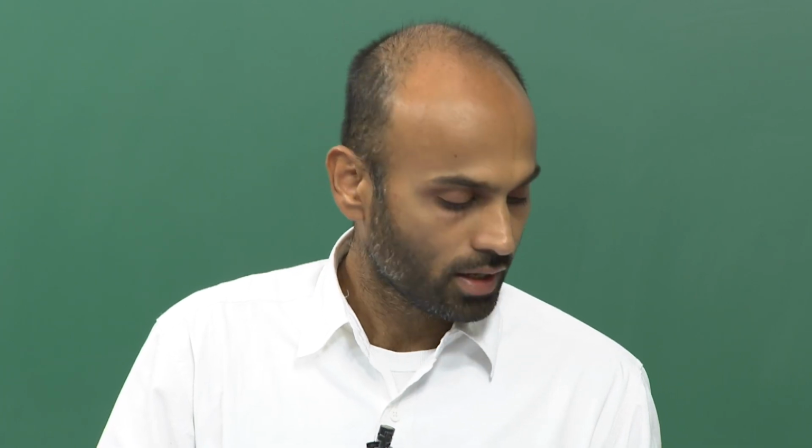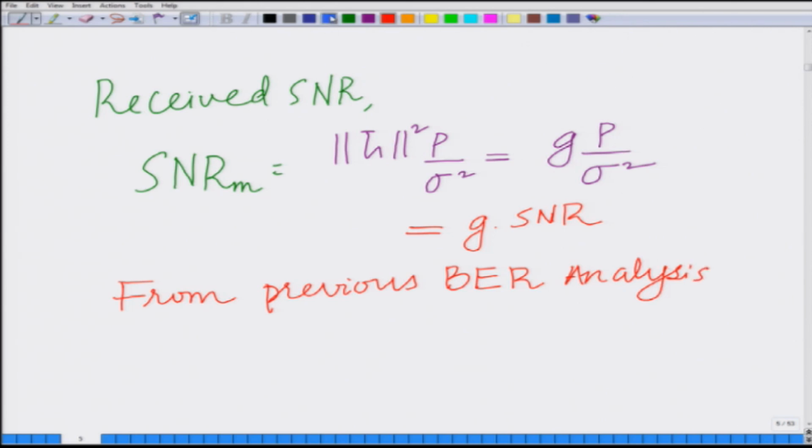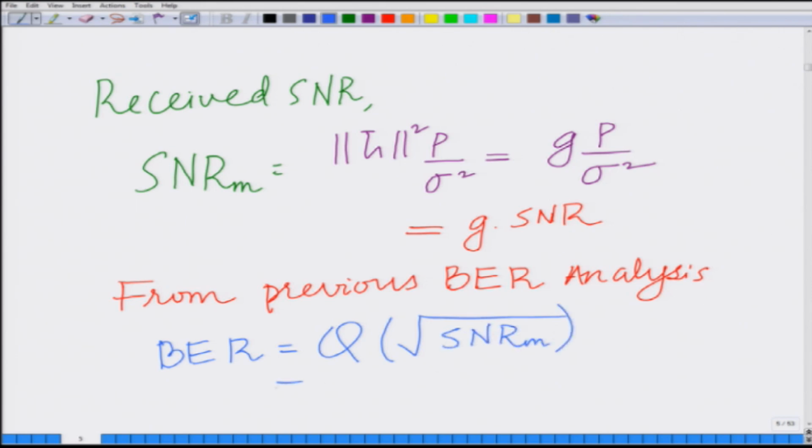And from the analysis that we have done previously for the bit error rate for BPSK modulated communication symbols, we have seen that our bit error rate equals Q of square root of the SNR at the receiver, which in this case is the SNR after maximal ratio combining, which is equal to Q of square root of G times SNR.